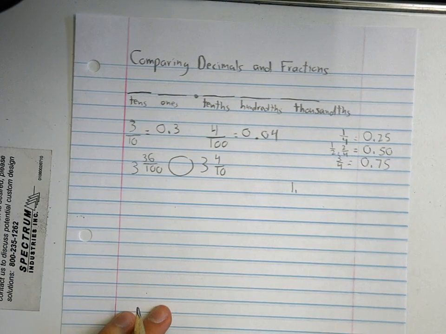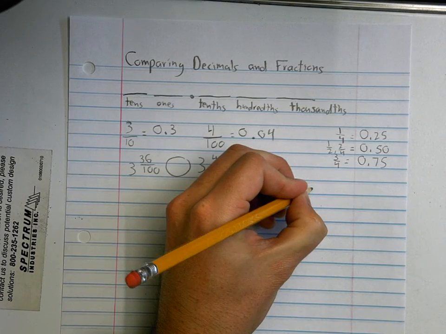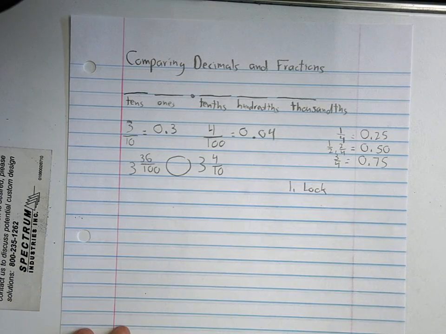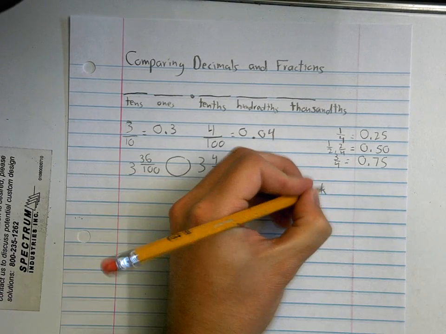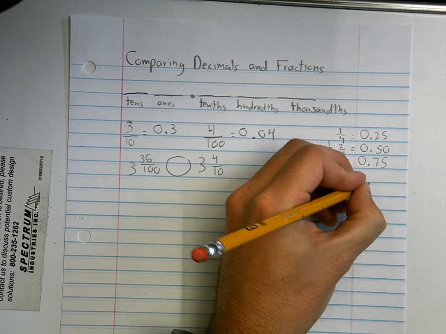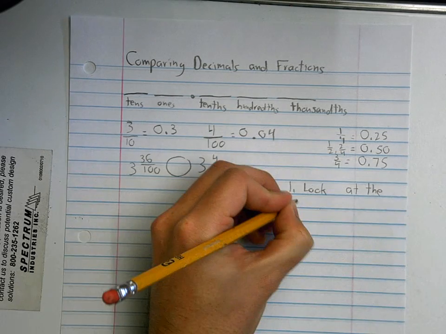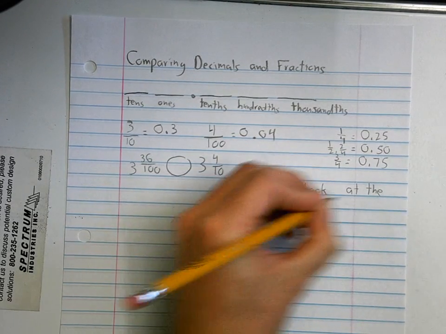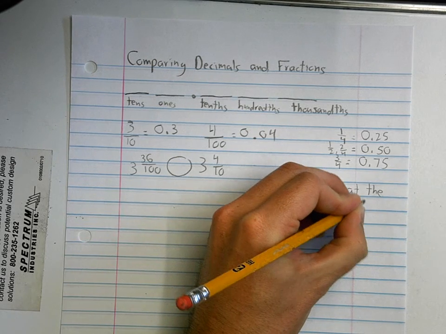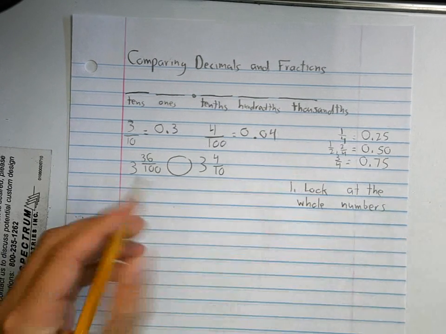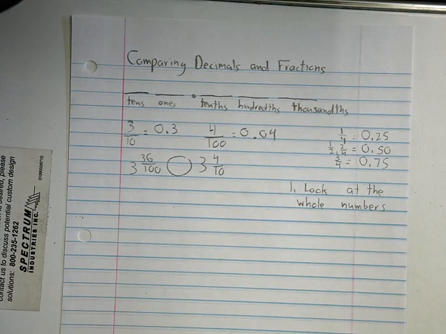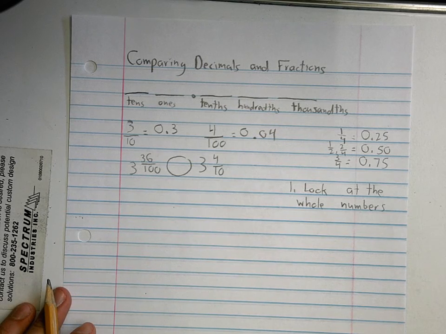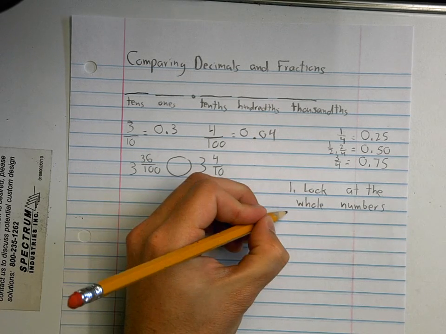I am going to look at the whole numbers to see if one of them is bigger than the other. 3 and 3. Is any of them bigger than the other? They're not, are they? So step 2.